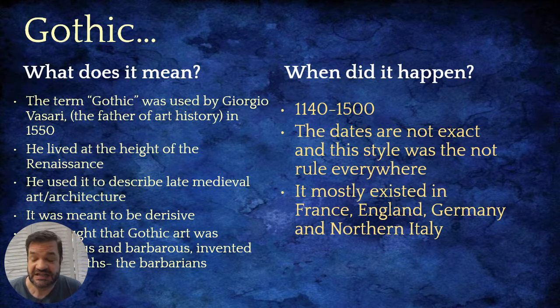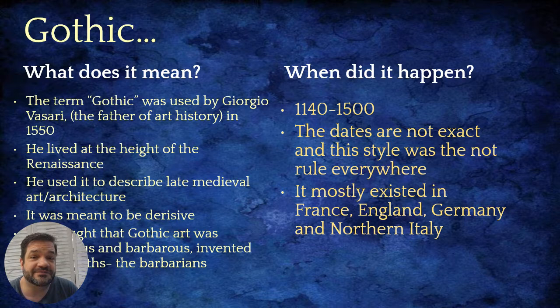This is not Roman. Ooh, it looks like a bunch of barbarians made it, like a bunch of Goths made this. Ergo, Gothic. Okay, so you'll find that a lot of terms for movements moving forward in Western art is going to be applied later and derisively. It's meant to make fun of that movement. Okay? And then the name just sticks, which is what we get.